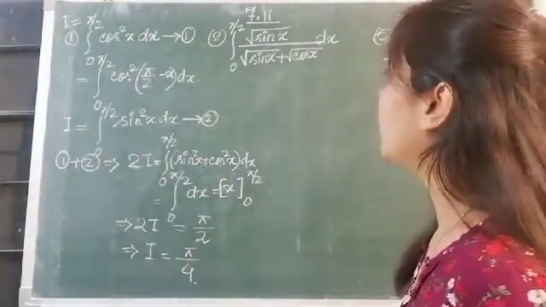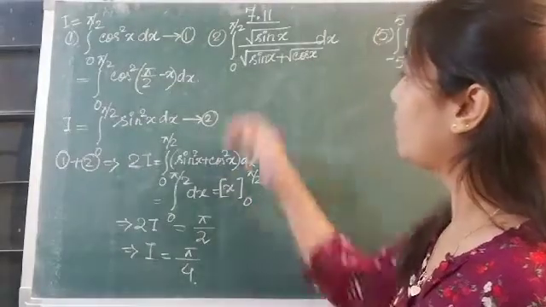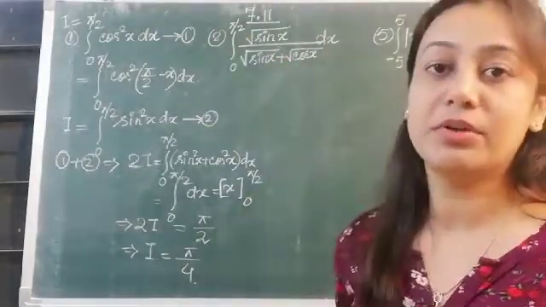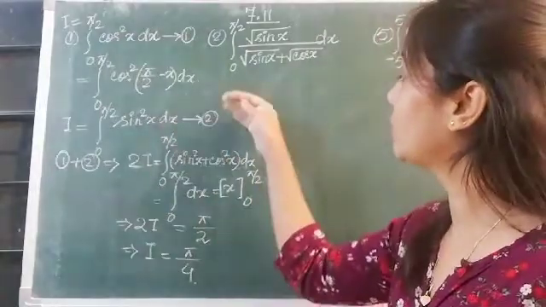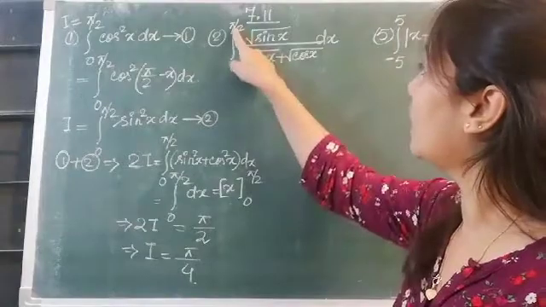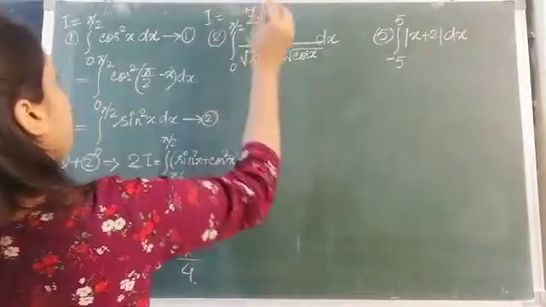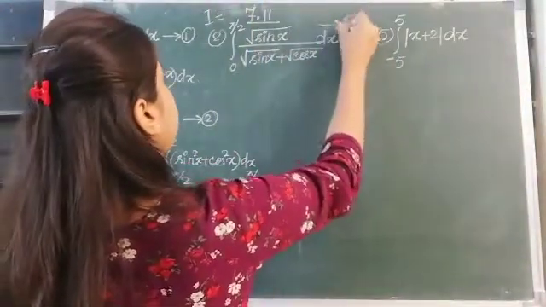Okay students. Now question number 2 is also of the same kind. It is of the form 0 to a f x dx, which will be equal to how much? Same as this, it will be 0 to a f of a minus x dx. So a is again equal to pi by 2, which you have to substitute here. We'll take this to be equal to I, and let that be equation 1.